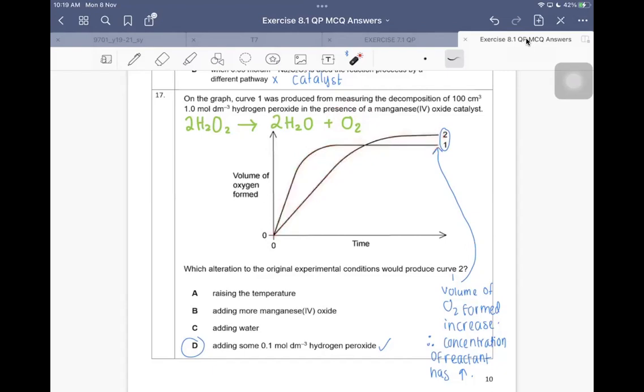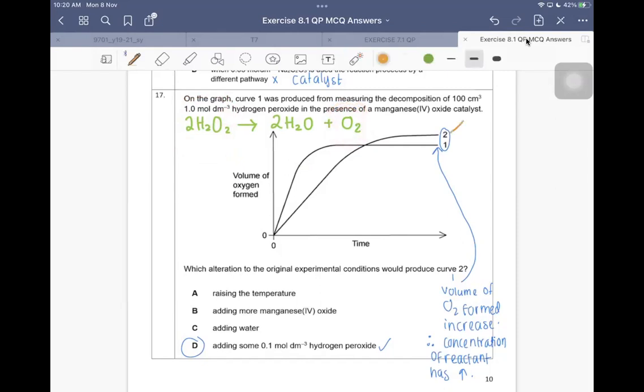What is the main factor that causes your volume or your amount of product to be increased? Only by increasing the concentration of your reactants. Okay, if I add more hydrogen peroxide, of course I will get more oxygen. So that was my main hint. I wasn't thinking about anything else. All right.